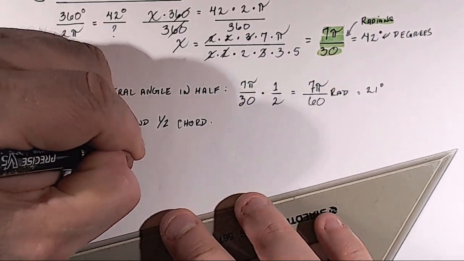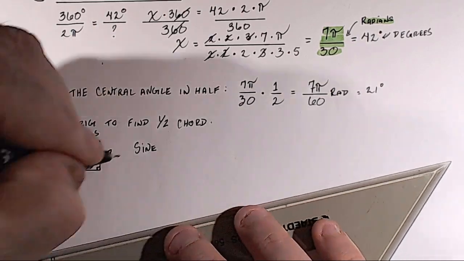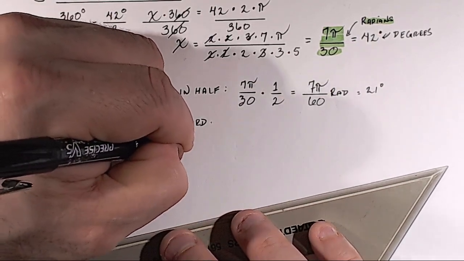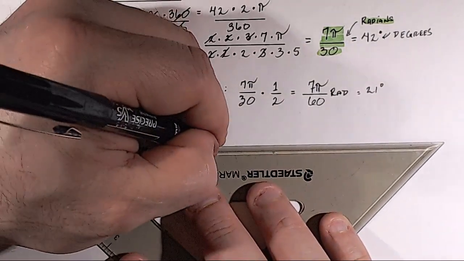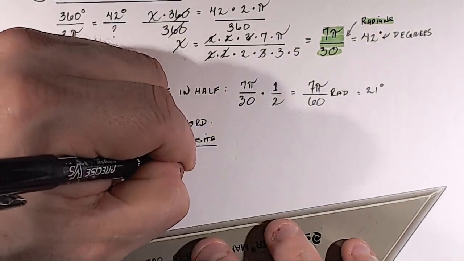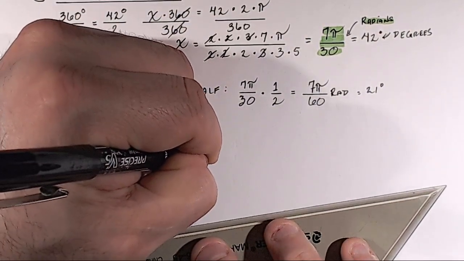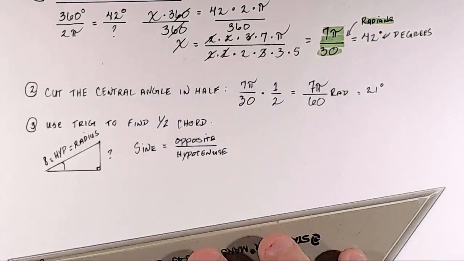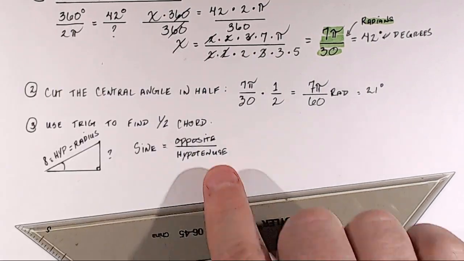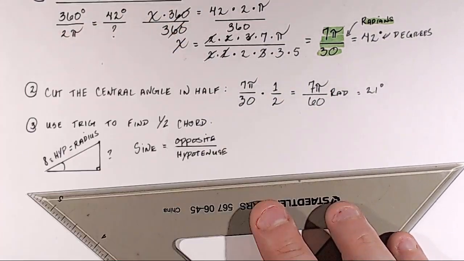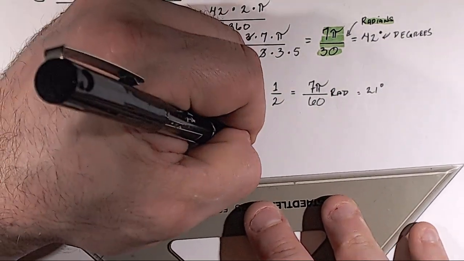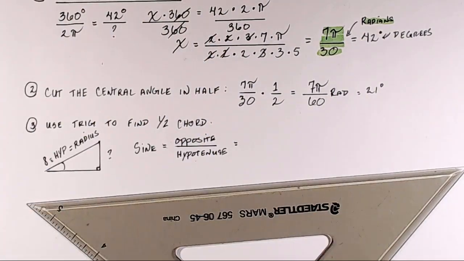Trigonometry tells us that sine is equal to opposite over hypotenuse. Within the context of this problem, the opposite side is half the chord length. So half the chord length, we'll just rewrite this, and I'll use OPP for opposite.